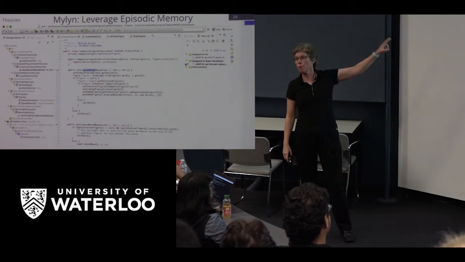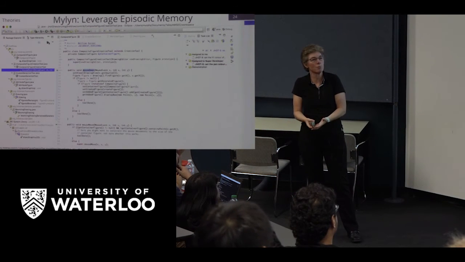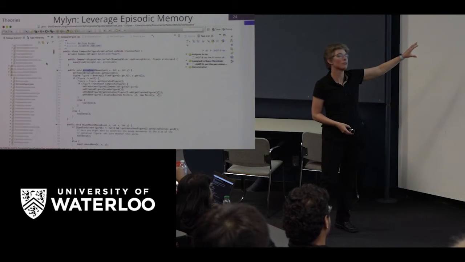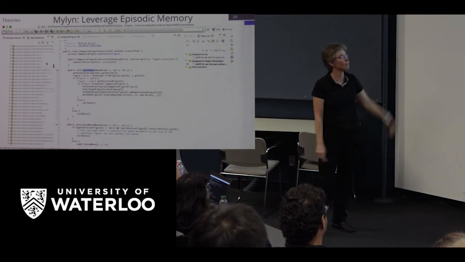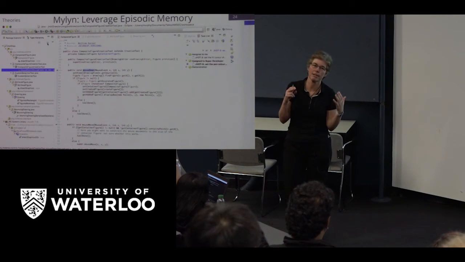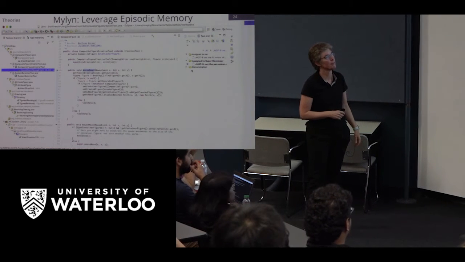What it's done is it's brought back every piece of information that you had worked with as part of that task previously, and it has focused the interface to only show you what mattered. Everything is still there, so you can still get to the complete information. But with one click of a button, you can focus it in and say, just show me the parts of the system that mattered for this task.